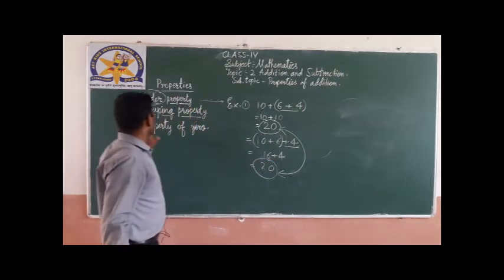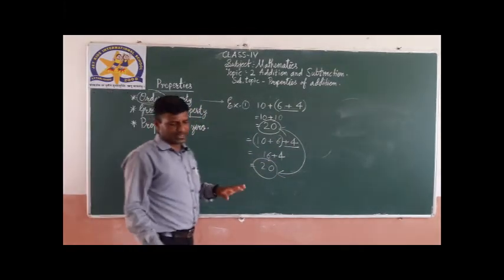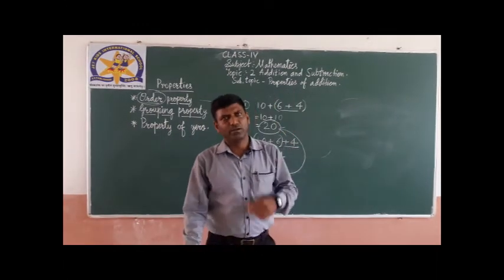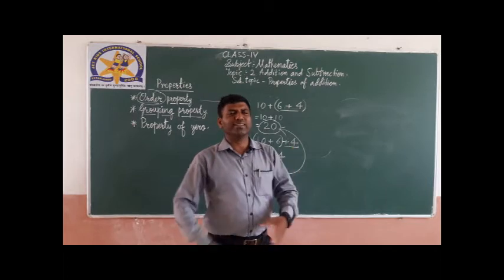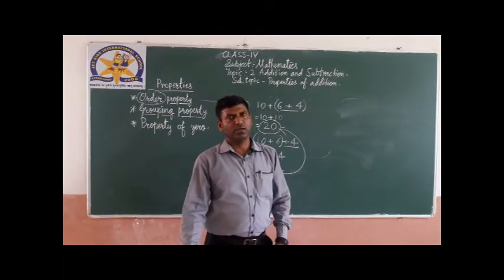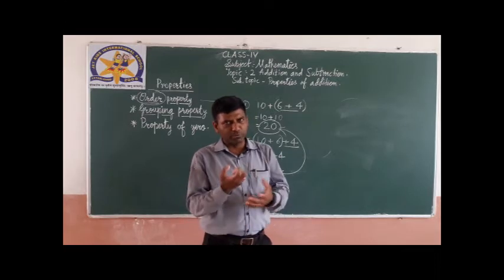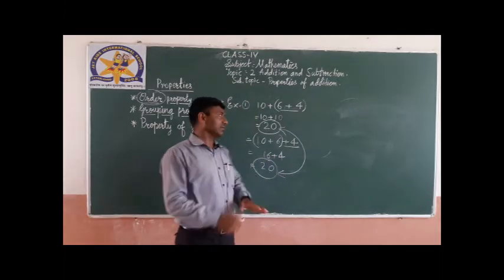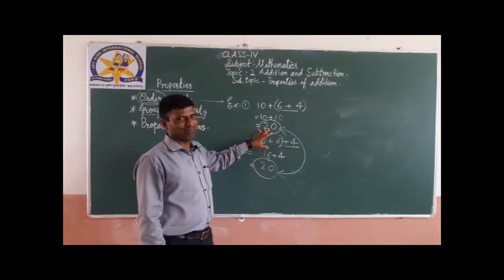This is the grouping property. Understand? If you are adding 3 or more than 3 numbers, and we group them differently, then the sum remains the same.